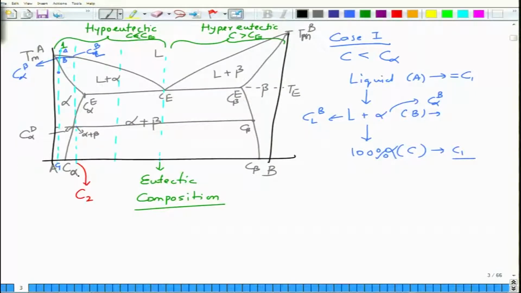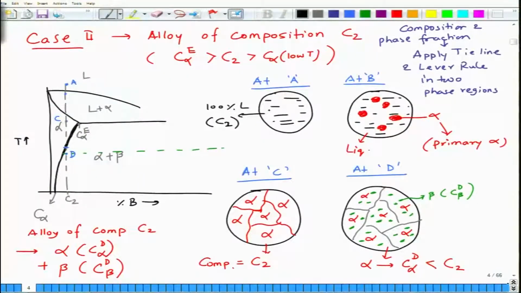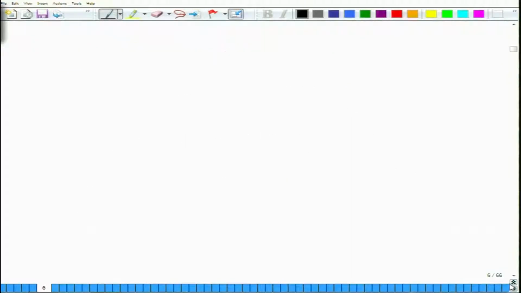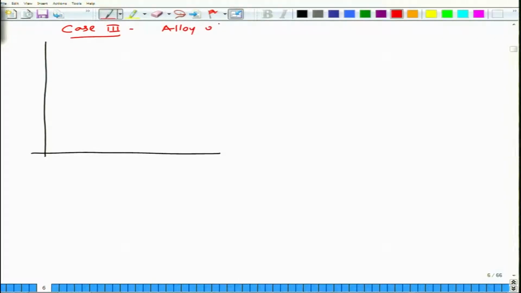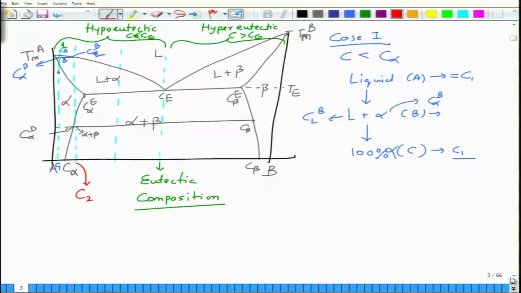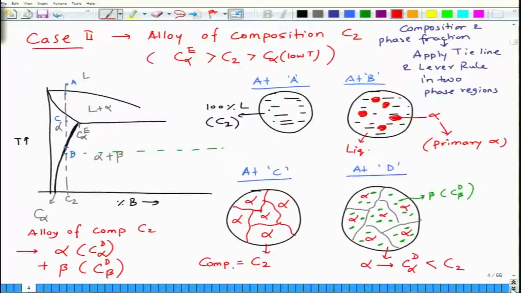So, this is how the microstructure will form in case of C2 composition. Now, let us look at microstructure evolution in case of C3. So, this is case 3, alloy of composition C3, and let me define what C3 is. This is C3. Okay.